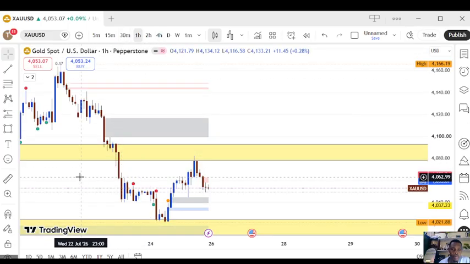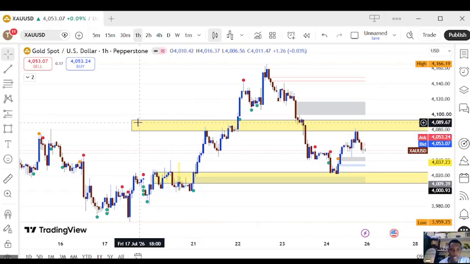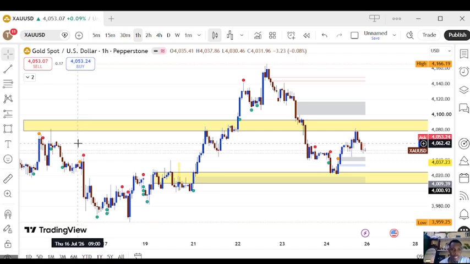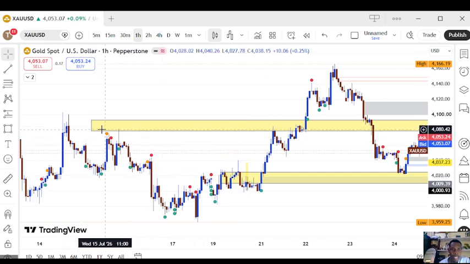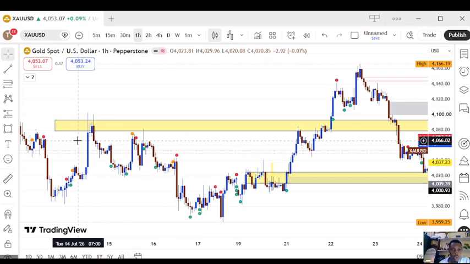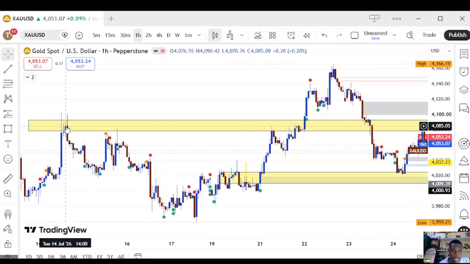On gold, let me zoom in on this zone. You can see this zone has been acting really strong, guys. When you look to the left, see what happened when it came here at around 4,080, 85, 86, 87.